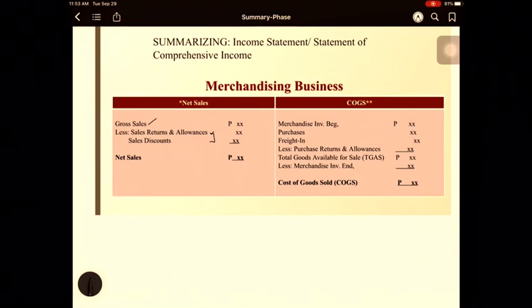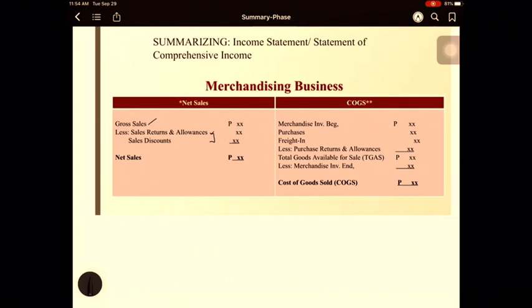As a review, sales returns and allowances refers to the amount of the products that were returned to the business by reason of being defective, or that the product is not the product that was ordered by the customer, so necessarily they have to return it back to the business, and that must be deducted from the amount of our sales.